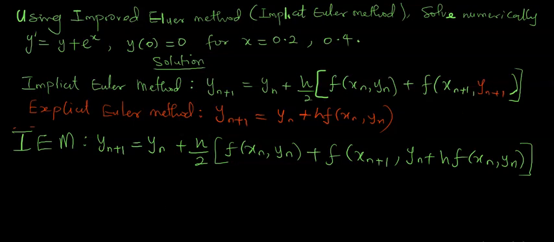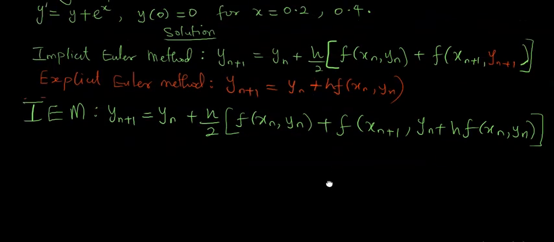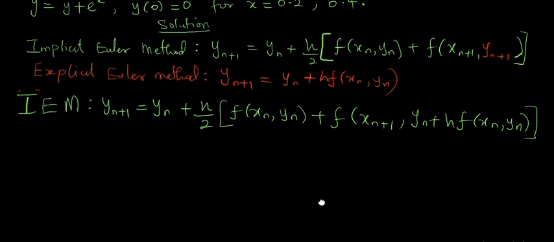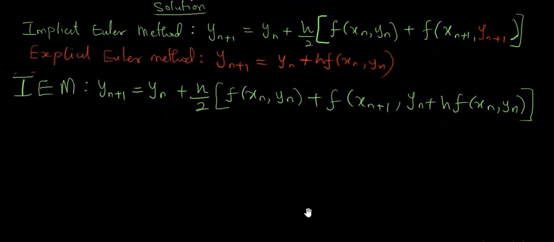So now how do we solve this one? This is what we're going to do basically. Our y prime is actually y plus exponential x. So what does that suggest?